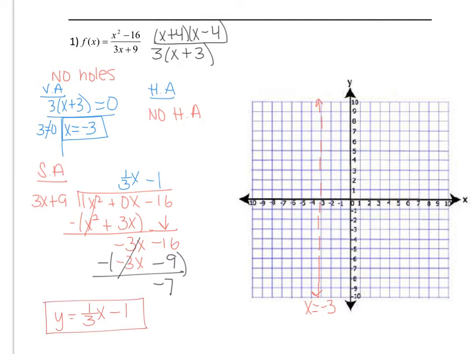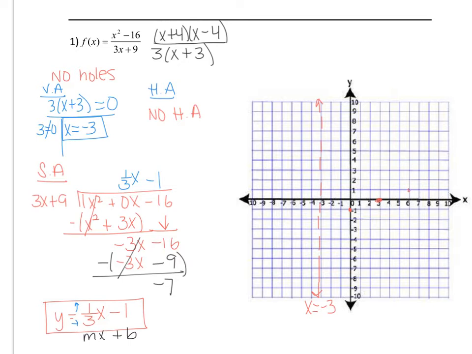So let's go ahead and graph that. Okay, so we start always at the y-intercept, right? This is mx plus or minus b. So we're going to start at the y-intercept of negative 1, which is right down here, negative 1. And we're going to do a slope of 1/3. So what that means is up 1 over 3.